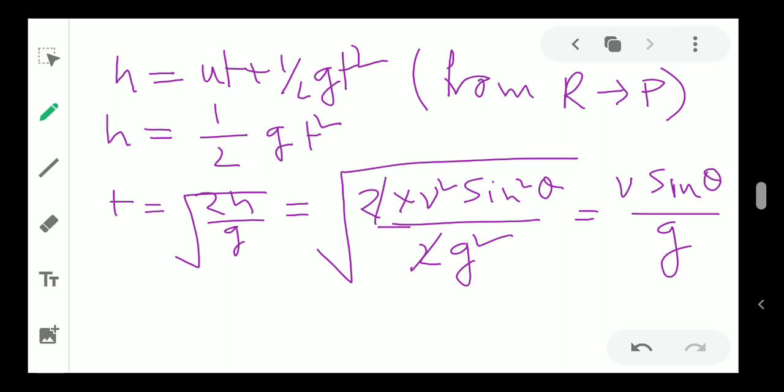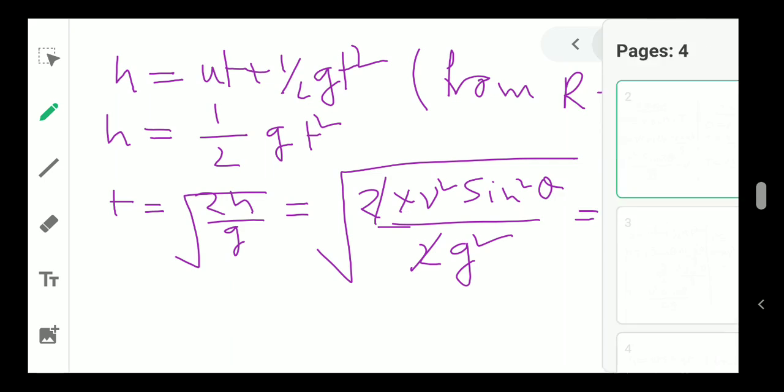So if the time is the same, the final velocity you can also find out very easily using our formula, that is v square equals u square plus 2fs. Now v square equals u square plus 2gh. Here it will be plus because it is acceleration while coming down.